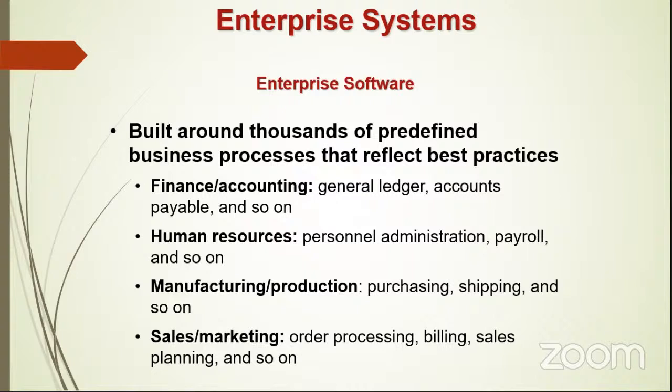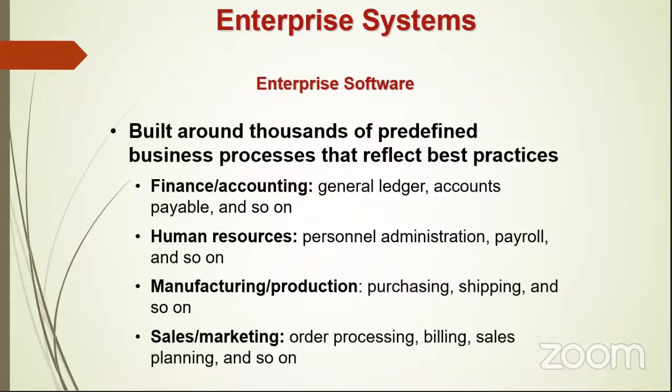So enterprise software is built around, it depends on the firm. If it's a manufacturing company, it would include finance and accounting, human resources, manufacturing, and sales and marketing. Clearly, a firm that does not do manufacturing wouldn't have manufacturing as part of it.